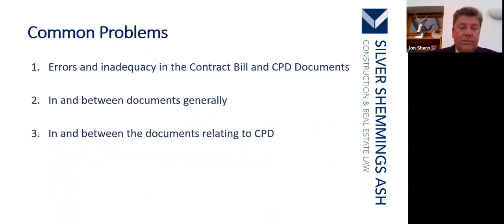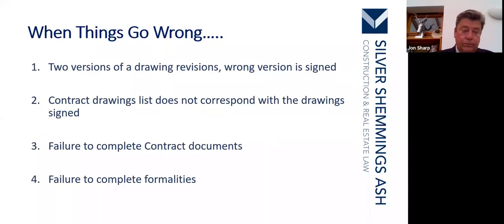Now, common problems, well, we have errors and inadequacy in the contract bills and the CDP documents that go with them. There are sometimes conflicts in and between the documents generally, and also in and between the documents relating to CDP. So things often go wrong.